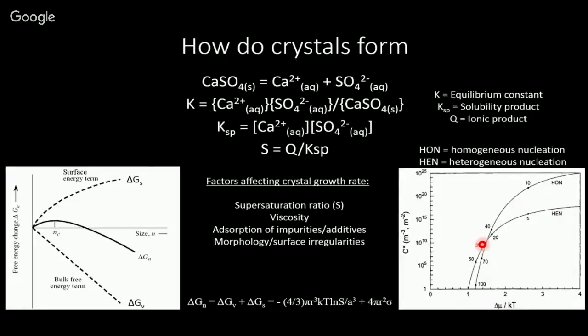So when you want to make nanoparticles, what do you think you need? Do you need low values of supersaturation or high values? High. Very high, exactly, because you want precipitation inside of the solution. You want to avoid the surface growth, and you want the largest possible density of nuclei.